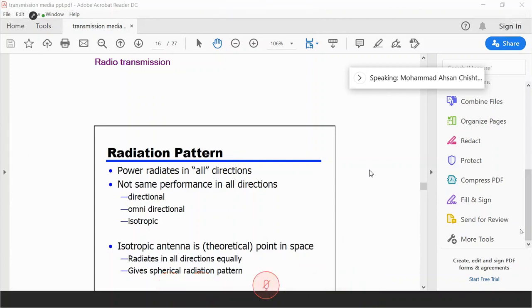Nawazish asks: can bidirectional communication occur with a single optical fiber, or do we need separate fibers for each direction? There are different types of fibers. There are simplex fibers, there are duplex fibers as well. There can be one core fiber which can transmit as well as receive data.